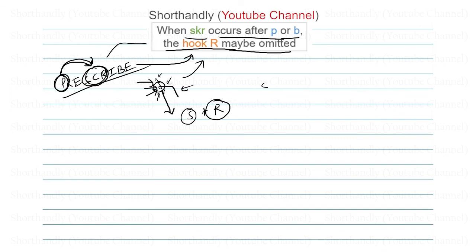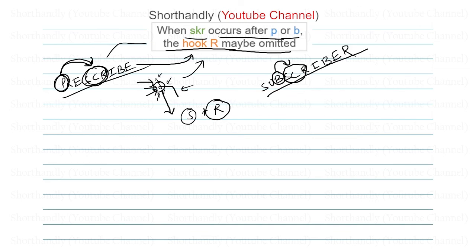Let's take one more example, like the word subscriber. Now here also we have this SKR, and it's coming after this B consonant. So here also we can skip making the R hook. We can leave the R hook.